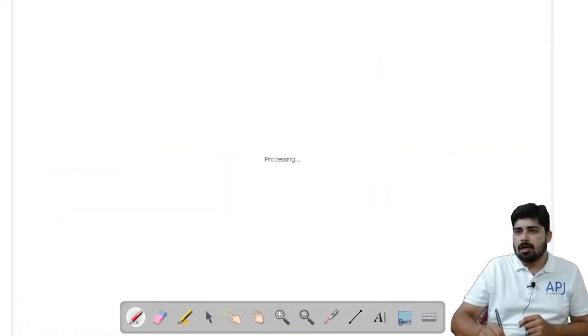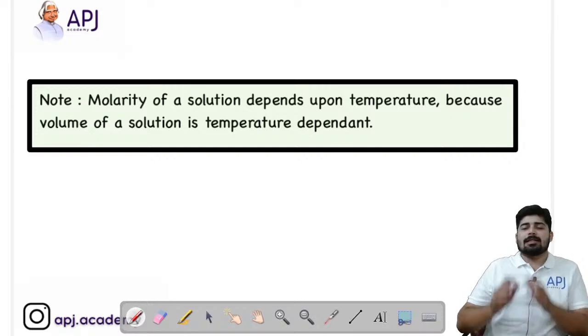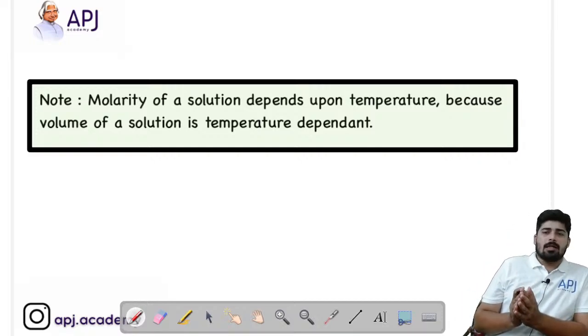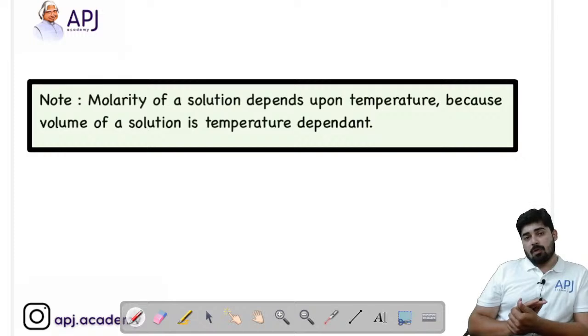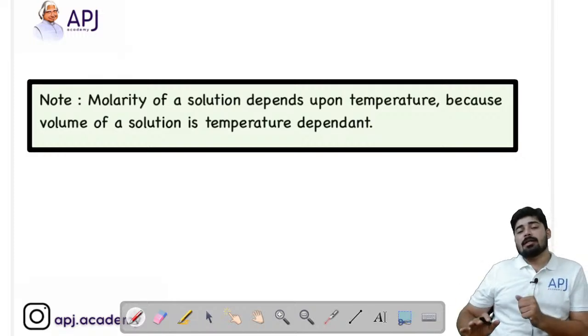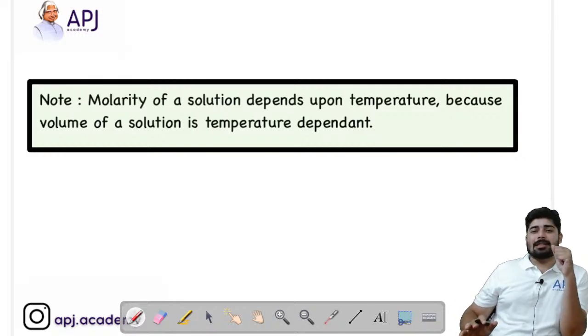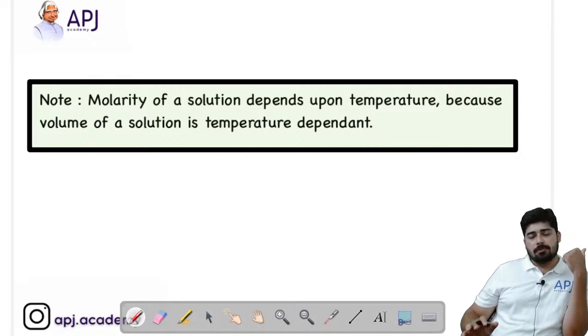Okay, now let's move on to the next one. This is a very important note, and from this note a question is repeatedly asked in JEE Mains as well as NEET. What was the question? From among the concentration terms, they have asked which of the following concentration terms will change when temperature is changed.